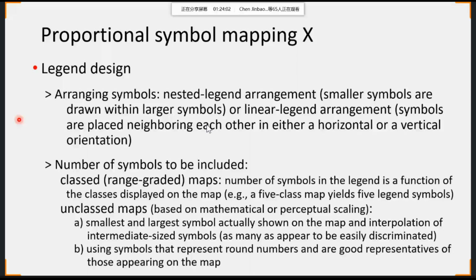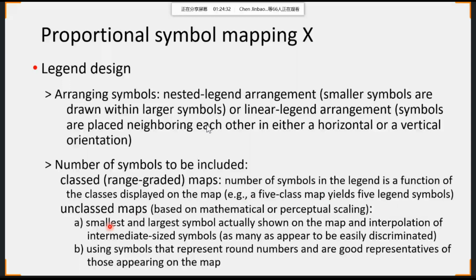The number of symbols to be included is another question for the legend design. In classed range-graded maps, the number of symbols in the legend is a function of the classes displayed on the map. So of course, if you have, for example, a 5-class map, you will have 5 legend symbols, because there are only these 5 sizes.